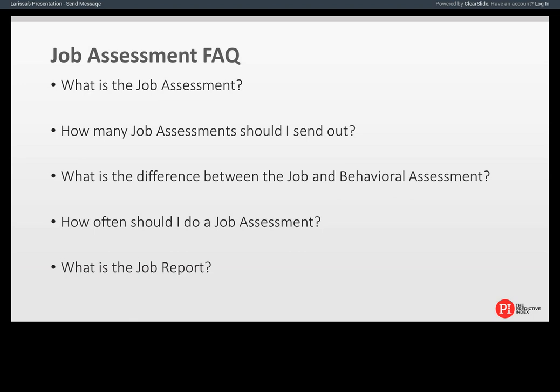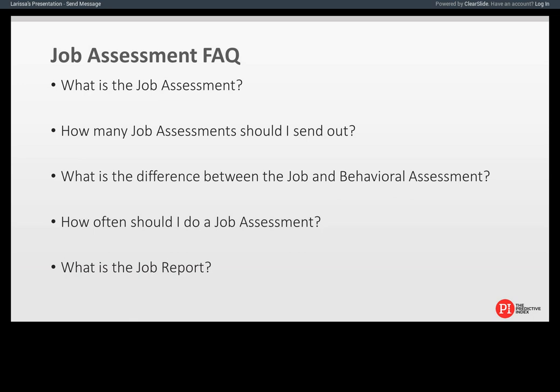And then finally, what is the job report? The job report is very similar to the person's behavioral report. We'll actually look at one later today, but it's going to give you both a written summary and a bullet point of the attributes that this job requires. And this job report you can send to anyone in your company.